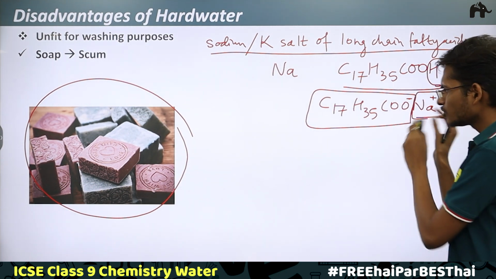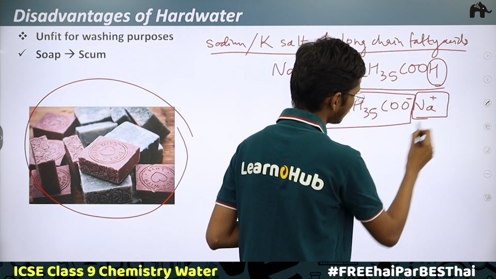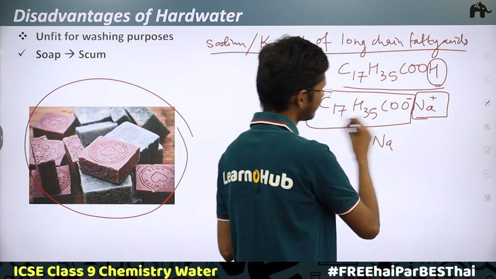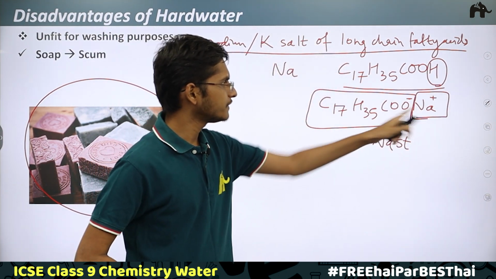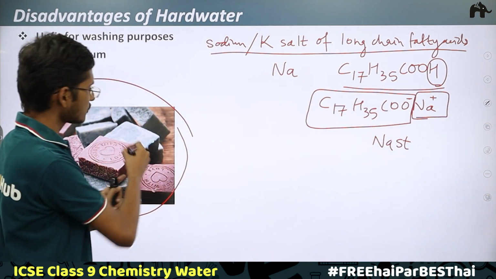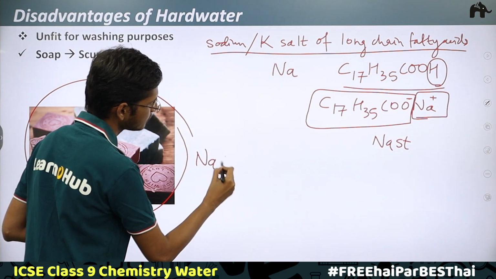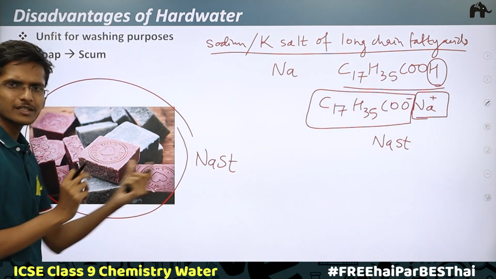No need to go into the details. So we can simply write this as Na, and this entire thing as St. So we call it sodium stearate, short form. So now our soap is simply sodium stearate. Fine, we got to the simple thing.